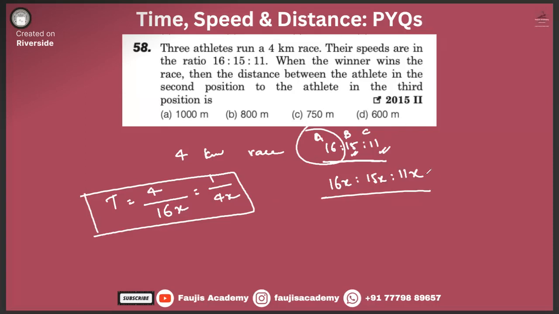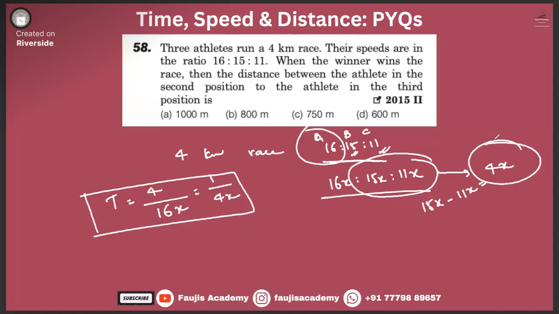So both of them are leaving each other at 15x minus 11x, that means at the speed of 4x, right?